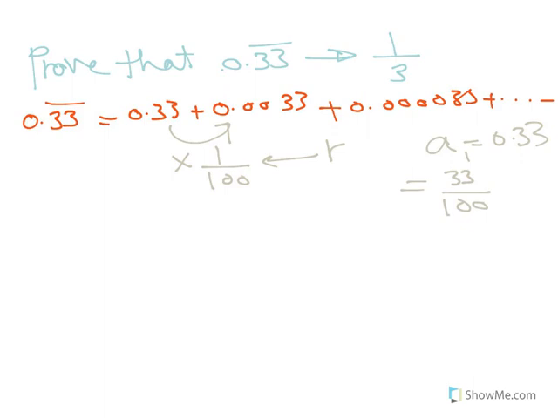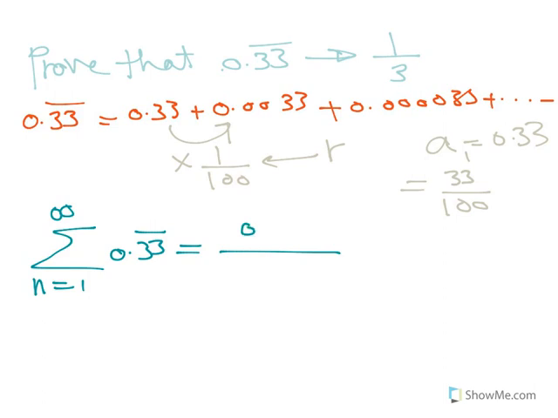So the summation from n equal 1 to infinity of this number that repeats itself shall be the first term, 33 over 100, over 1 minus r, which is 1 over 100.